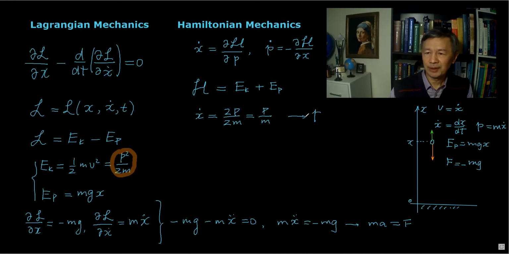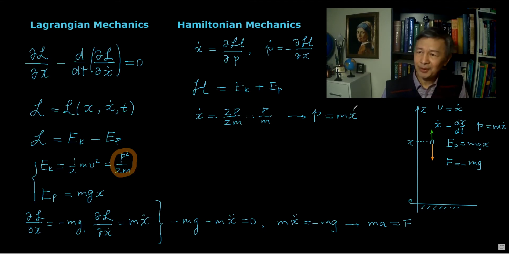If you multiply by m on both sides, we get p equal to m times the velocity of the particle. So the first equation of Hamiltonian mechanics, in this case, gives the definition of the linear momentum, which is consistent with Newtonian mechanics.